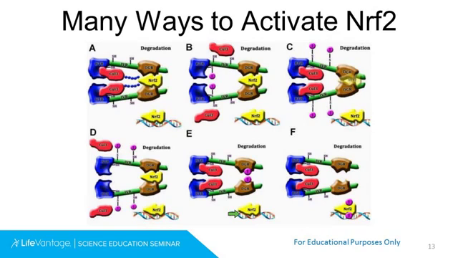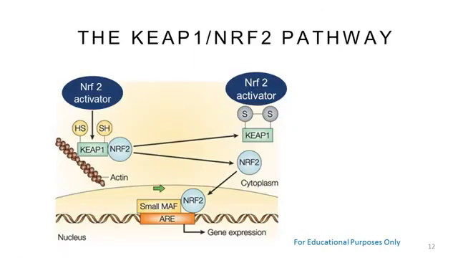Perhaps they increase the release of NRF2 from the KEAP1 holding protein, or they cause it to more easily enter the nucleus from the cytoplasm, or they cause it to attach to the antioxidant response element better. So each individual drug acts on one of those specific steps.